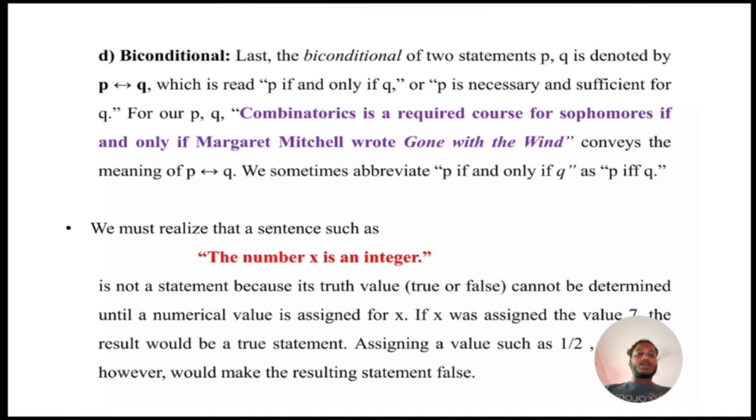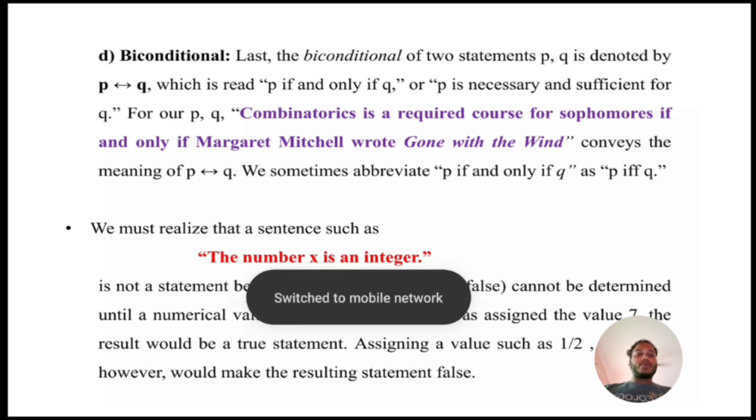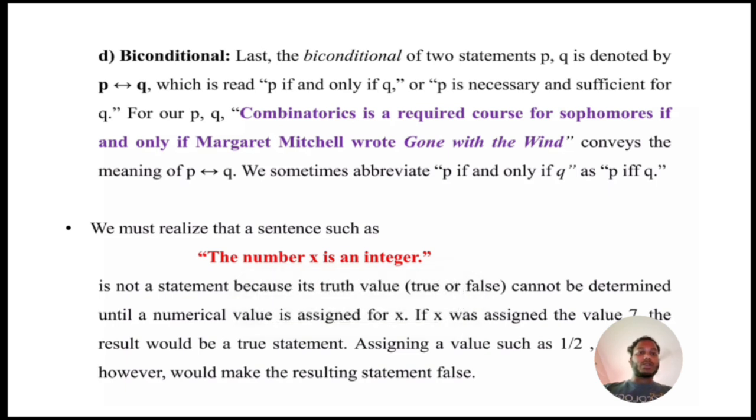Realize that a sentence such as 'the number x is an integer' is not a statement because its truth value, true or false, cannot be determined until a numerical value is assigned to x. If x is assigned the value 7, the result would be a true statement.